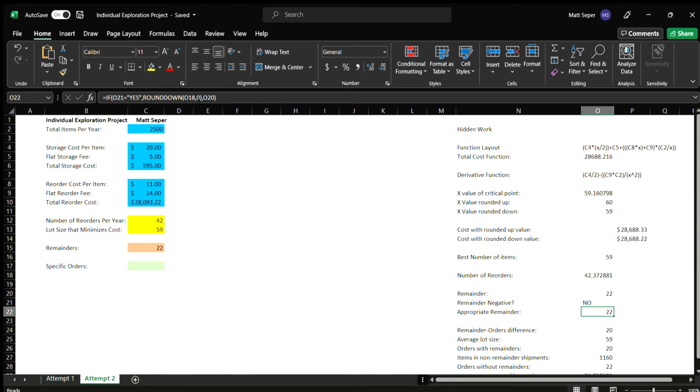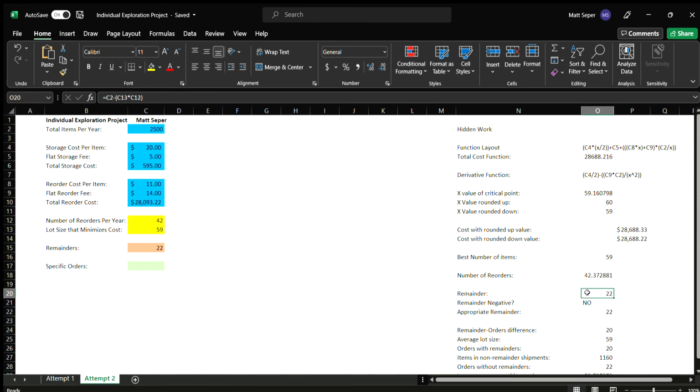And if it was negative, I wanted to round it down. But then I realized I could just round it down here. So the function I had here, I put here. I also had to put it in the round down here because when I tried to do that here, I kept getting a circular reasoning issue. I was trying to observe the remainder, and then by observing this remainder, I was trying to change the value that was here.